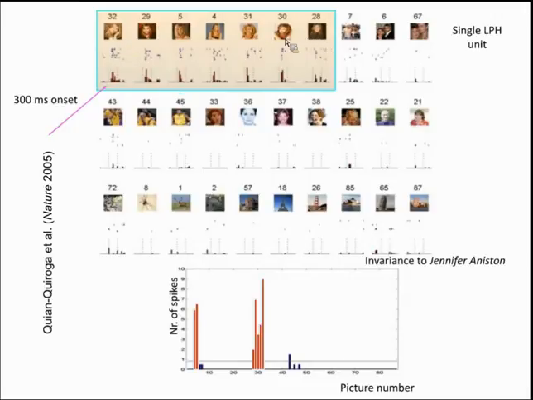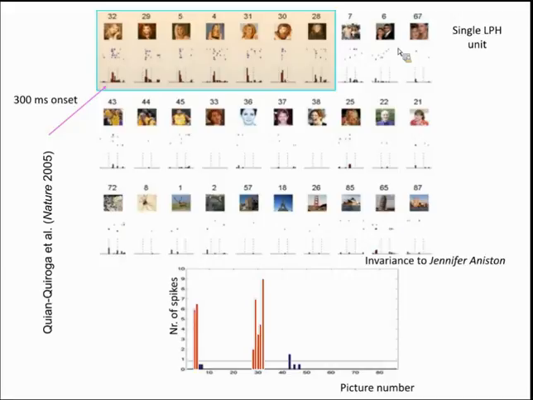And here you can see, very significantly, this neuron responds to these different pictures of Jennifer Aniston. Highly significantly, it takes 300 milliseconds for the onset of response. At the time, she was married to some other actor here. And here you see Jennifer Aniston with her then husband, and the neuron didn't respond to that.